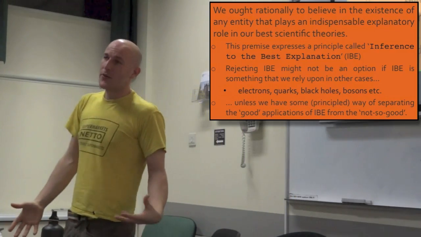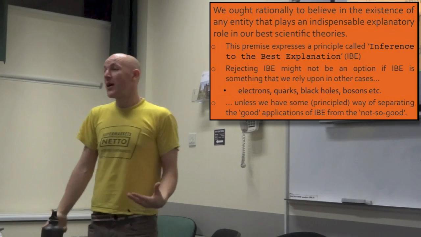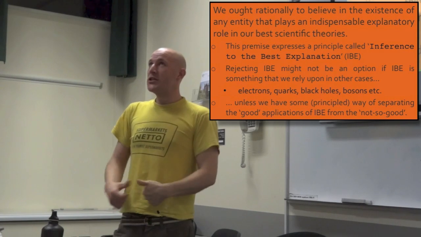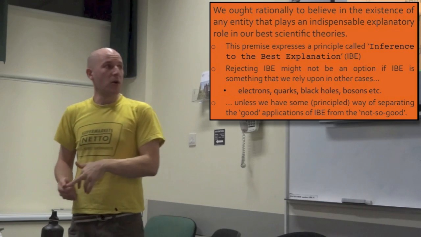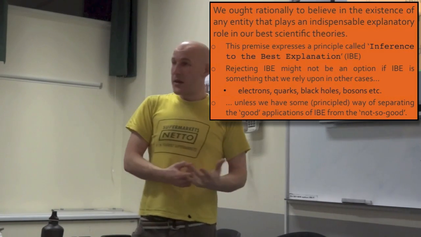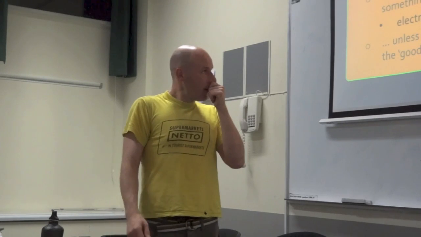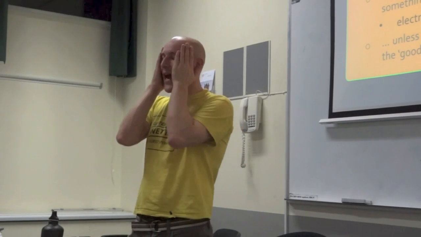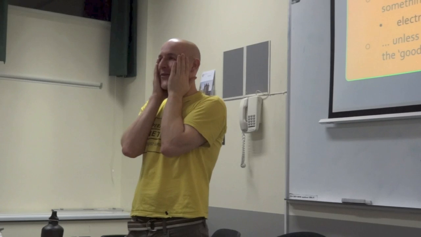What would be nice, though, would be if we could have a principled way of saying, sometimes you can use inference to the best explanation, and sometimes you can't. So when it comes to genes and quarks and black holes and electrons, then yeah, inference to the best explanation is a really good strategy to use. It's one that most scientists would say, yeah, that's great. Well, I don't know whether scientists would say that. I don't think they care about the existence of these things the way that philosophers do, right?